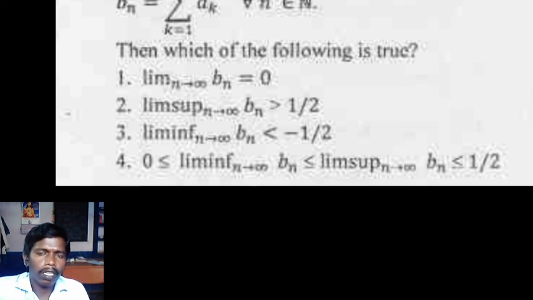Obviously, the fourth option is wrong, because 0 less than or equal to limit infimum of b_n is correct, but limit supremum of b_n less than or equal to 1/2 is the wrong statement, because from the second option, limit supremum of b_n is greater than 1/2. Therefore, the fourth option is also wrong. So, the only correct answer is the second option, limit supremum of b_n is greater than 1/2.